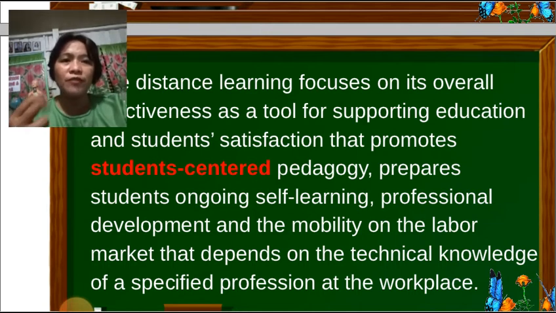So if you have technical knowledge or you have advanced knowledge on technology, you are in a better position to teach students because you know how to use the gadgets.